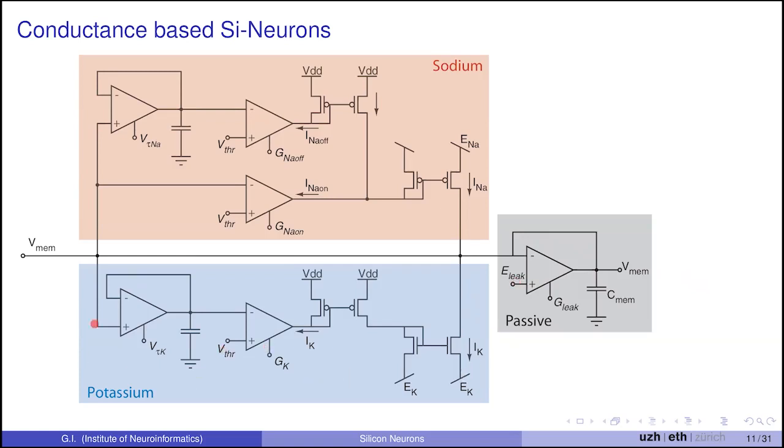So only the potassium circuit is responsible for keeping the capacitor discharged. So the refractory period is due only to the potassium circuit.